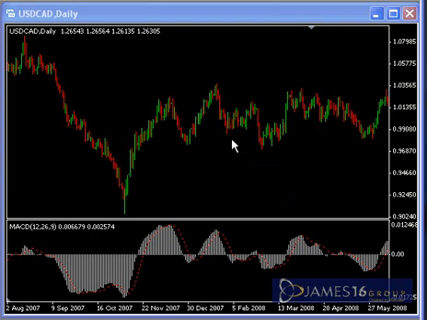So let me show you a case where price and the MACD are doing two different things, diverging away from each other. If we look at these two areas here, and again connect those mounds straight up, we can see that this time price is moving higher, but the MACD has actually moved lower. So price made a higher high here, but on the MACD we made a lower high.